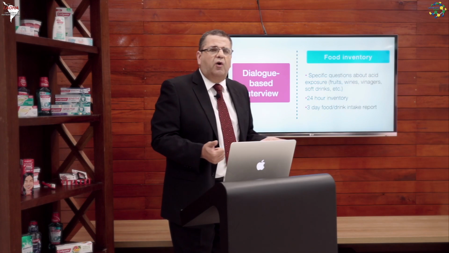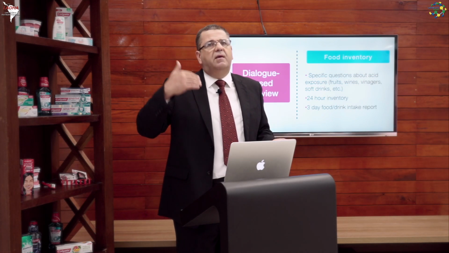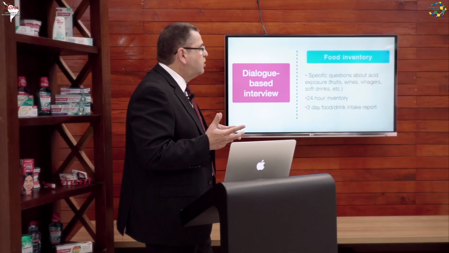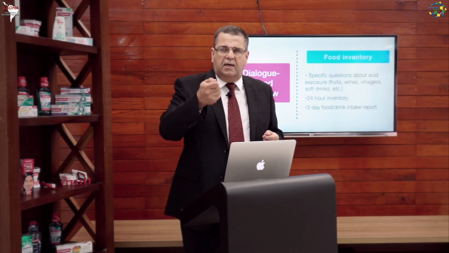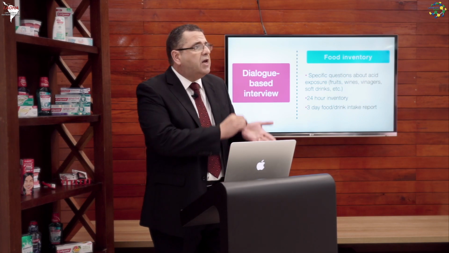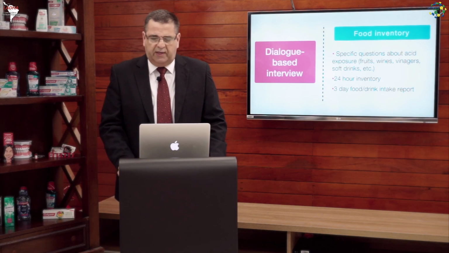Either a 24-hour inventory, in which we ask the patient to tell us, yesterday, from the moment you got out of bed until you went back to bed for sleeping, what did you eat and drink the whole day? Or, in a different approach, which is also very effective, to hand out a food inventory in which he will take note of everything he eats during 3 days.